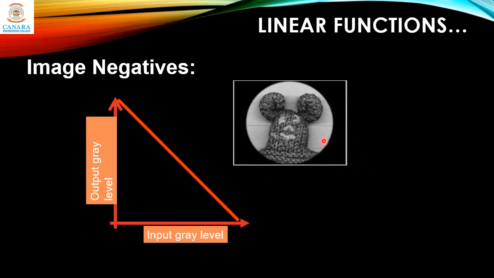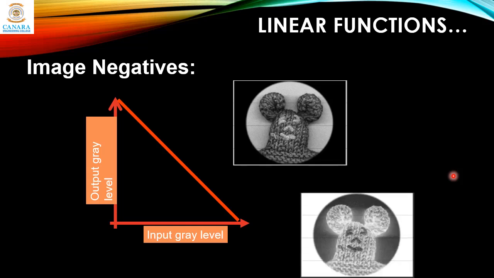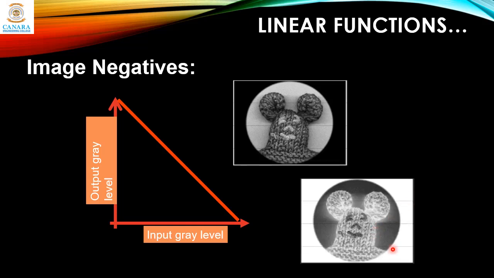In this example you can see there's a doll, and if you apply the image negative, the result will be like this. Observe the changes here. The background in the circle is white here, and it has been changed into dark here.